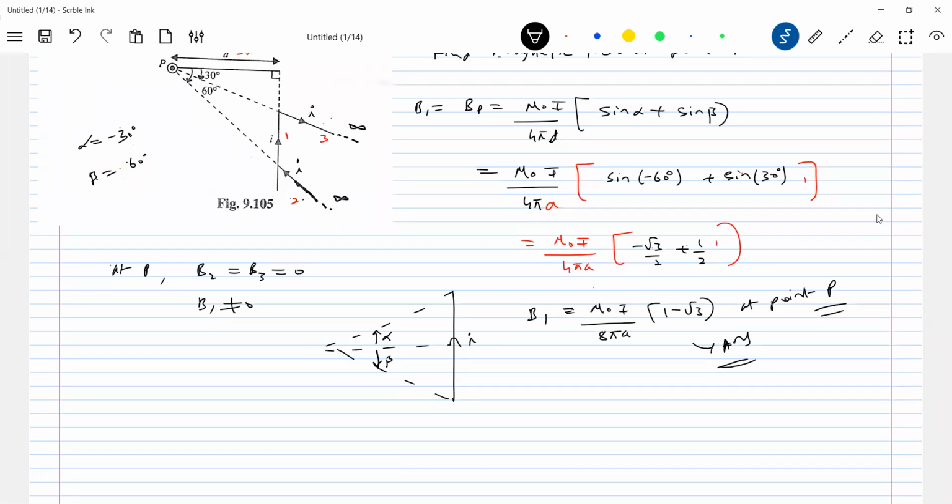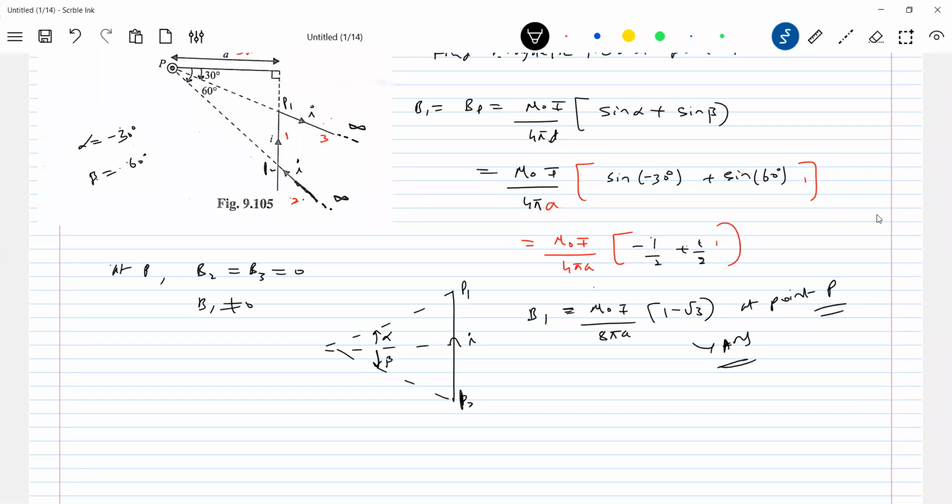Okay, upper. We'll do one thing, P1, P2 if I write it. Alpha will become minus 30, beta will be 60.